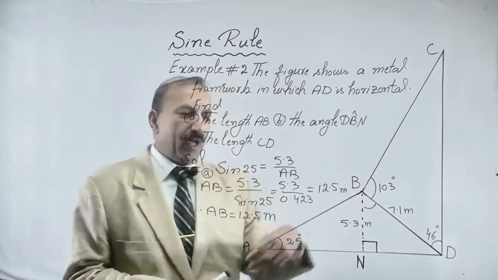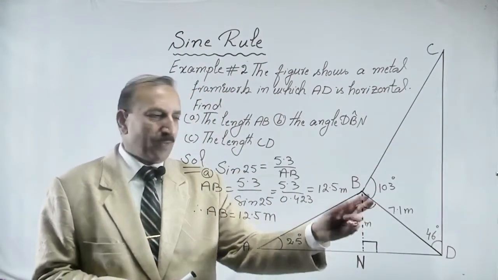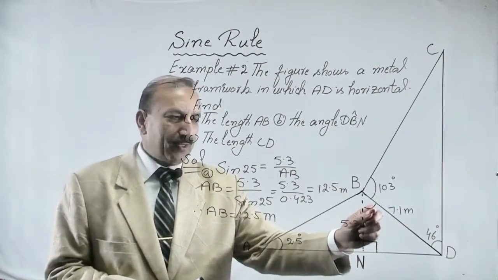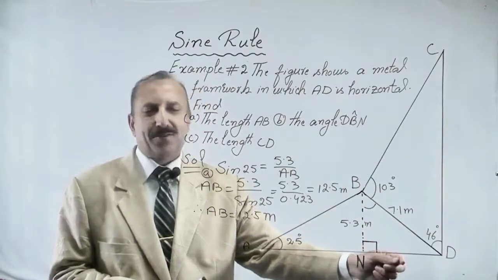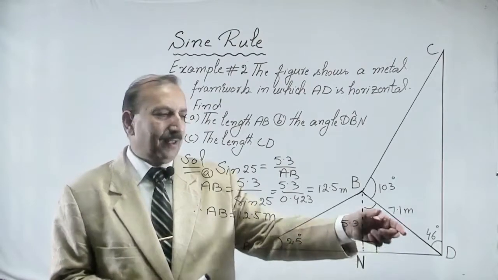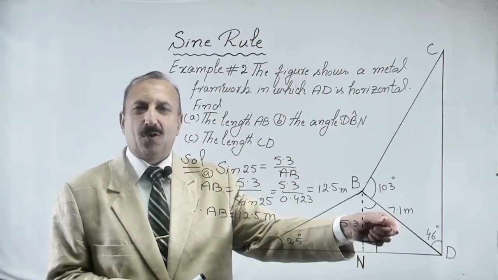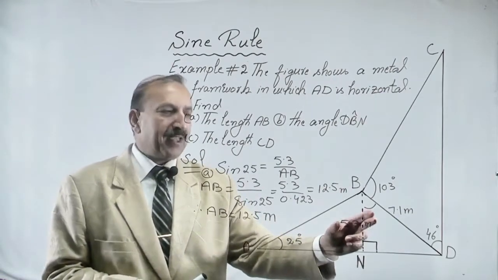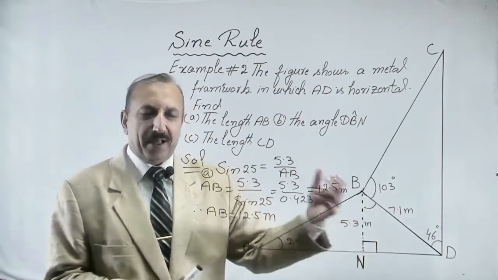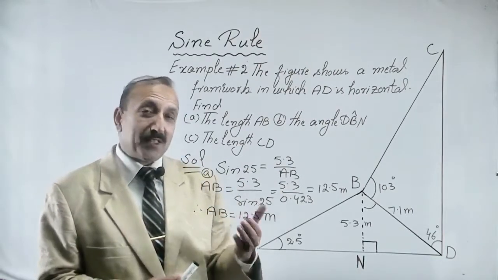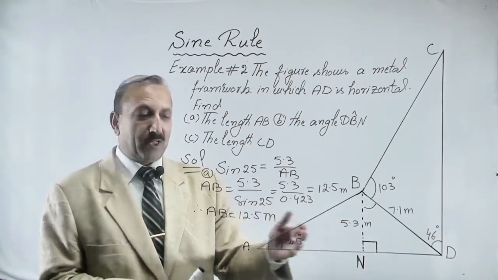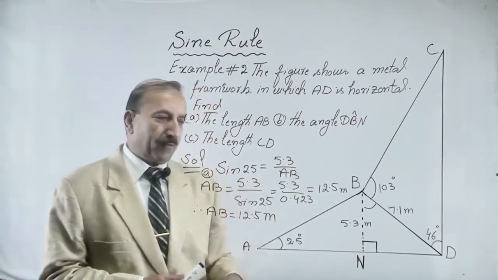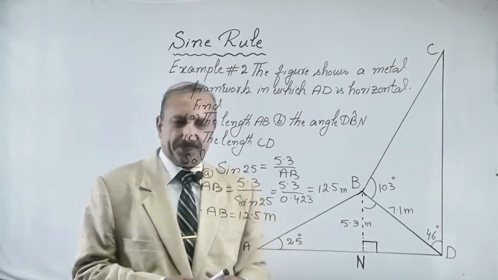According to this angle, this is adjacent and this is hypotenuse, because the side in front of this angle is always called opposite, the largest side opposite to the right angle is called hypotenuse, and this one is adjacent. So adjacent and hypotenuse are given, and we know what is constituted by adjacent and hypotenuse, that is the cosine trigonometric ratio. We will use cosine here for finding the value of this angle.